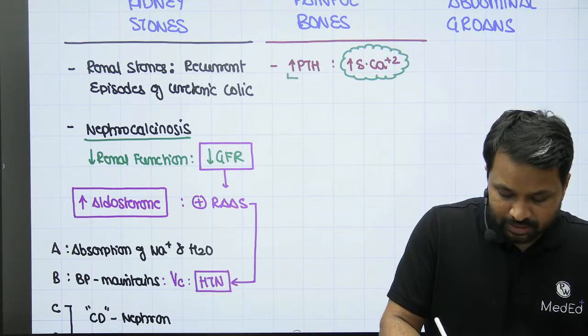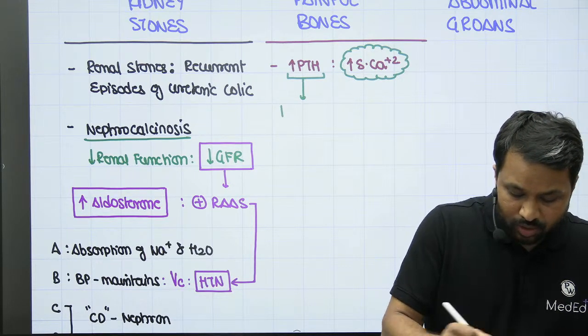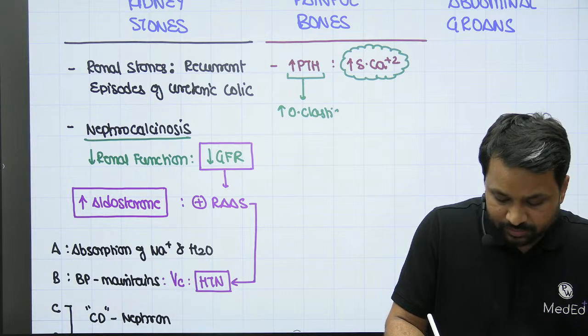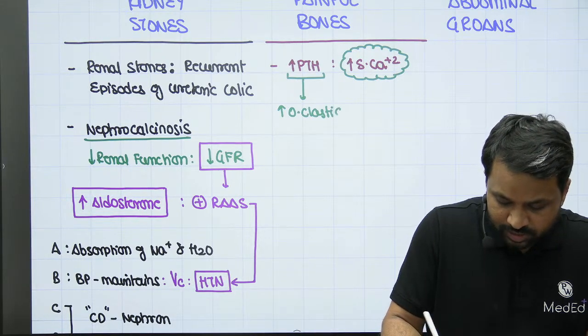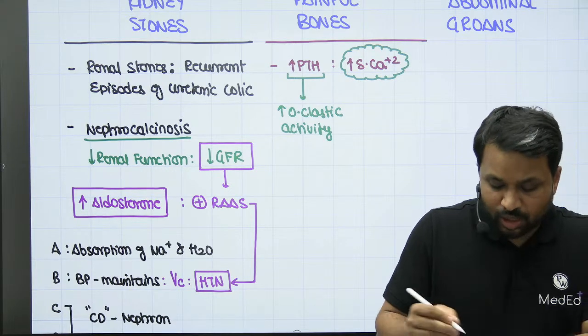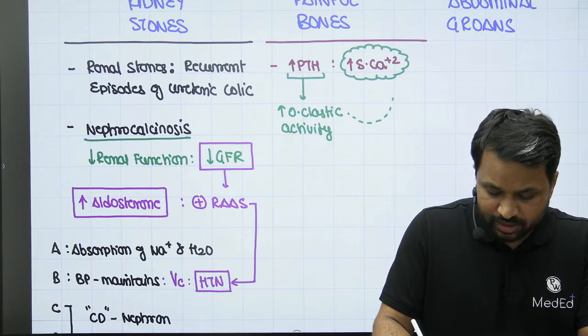As the parathyroid hormone increases, it causes increased osteoclastic activity. As the osteoclastic activity increases, it takes more calcium from the bone and gives it to the circulation.